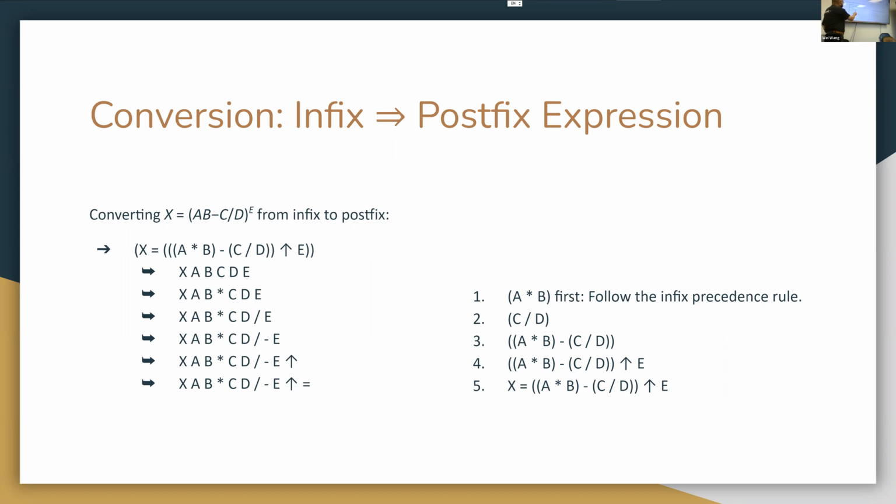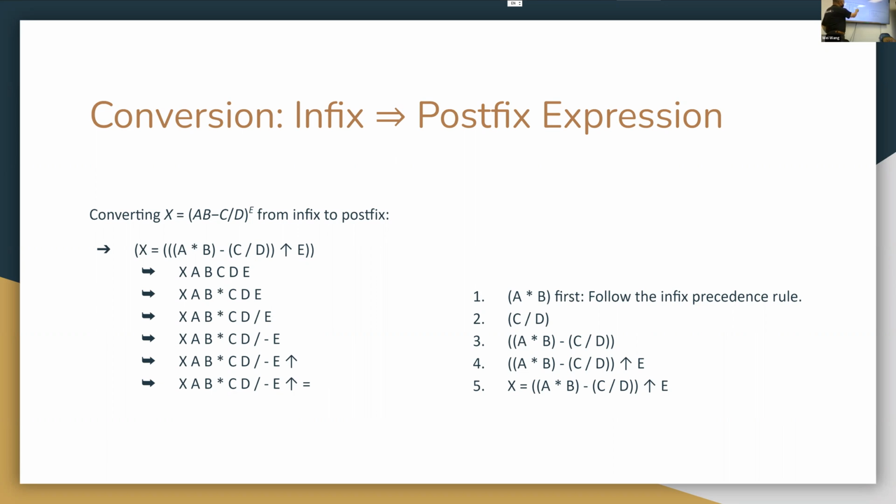And here too, we put the division after the two operands, C and B. The next operation is this minus, and we put that minus after these two components. The next one is exponential.